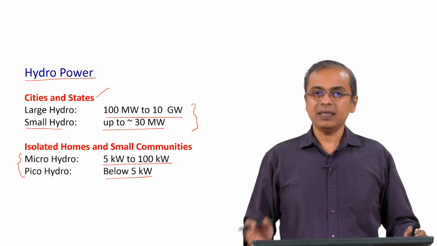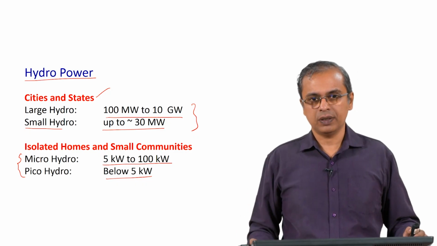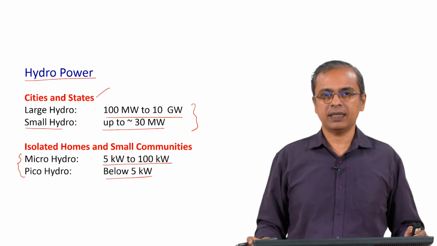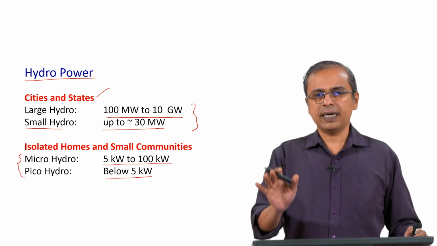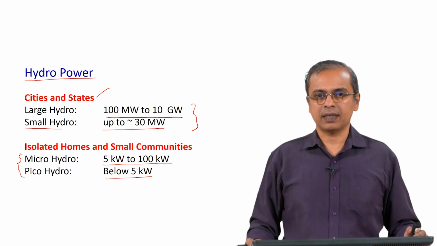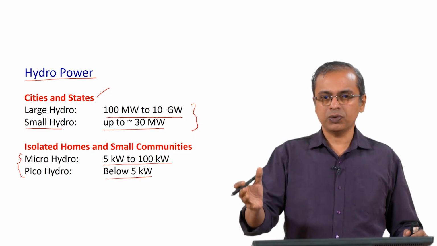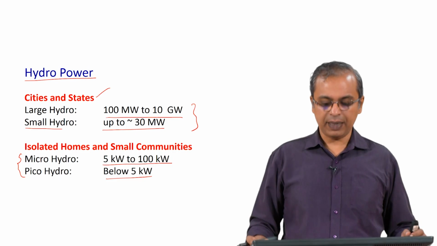And 5 kilowatts is roughly the power that is required for a house. Typical households which may have a television, a washing machine, a refrigerator, a few air conditioners of different capacities, are all looking at about 5 kilowatts of usage roughly. So, this kind of small installation can power your house and maybe a few neighboring houses if you set it up correctly.